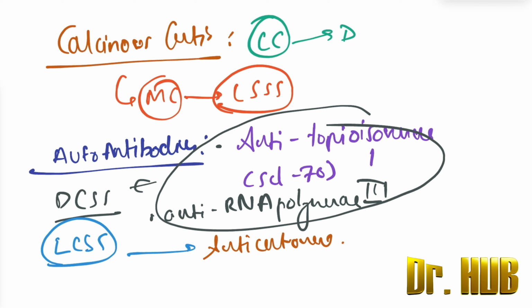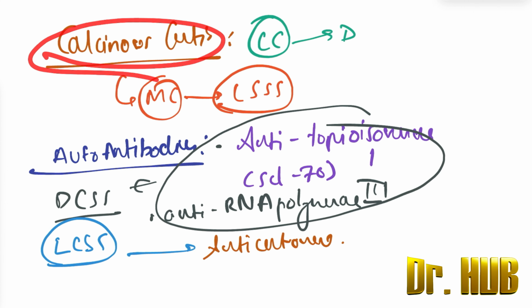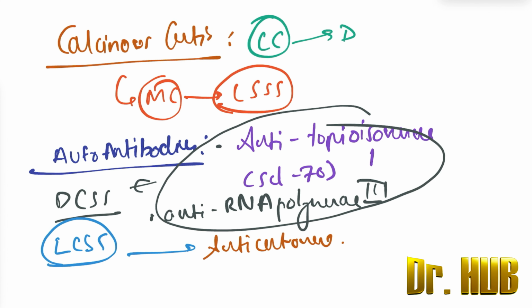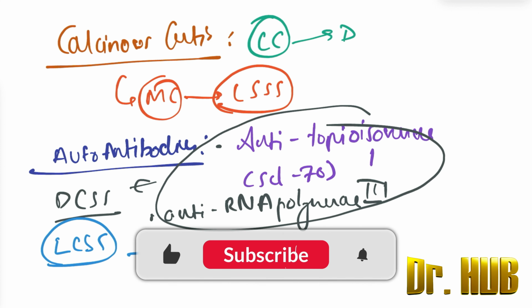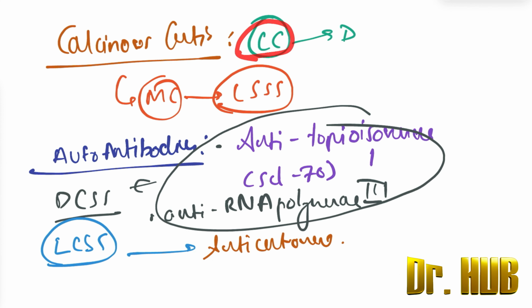Now let's recap. In case of calcinosis cutis, it is less common in the diffuse cutaneous systemic sclerosis, and more common in the limited cutaneous systemic sclerosis.